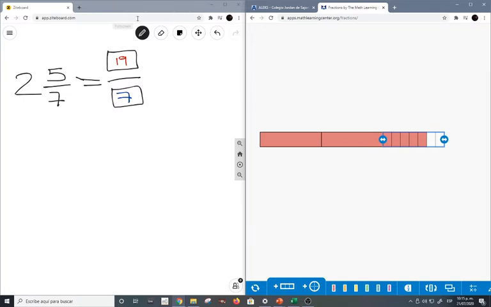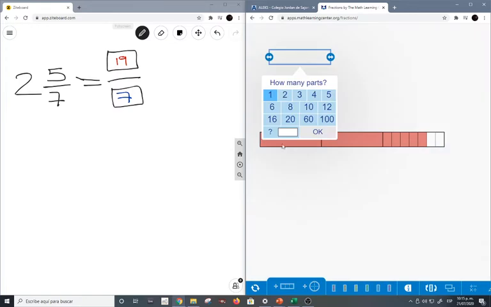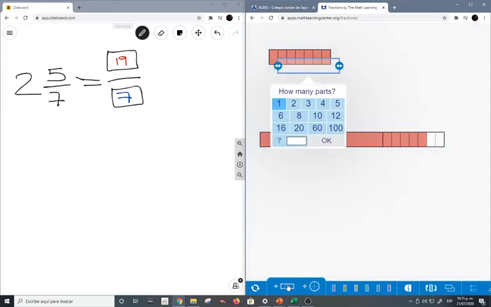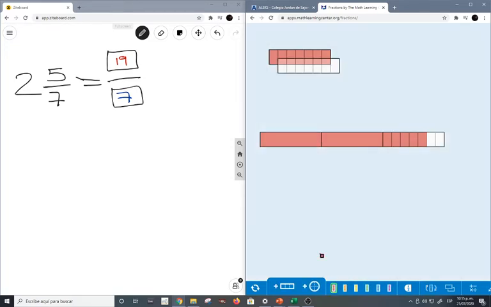Now let's make 19 sevenths. So I create a unit divided in 7 and I color 19. 1, 2, 3, 4, 5, 6, 7. But as you can see, it's not enough, so I have to make another one, also divided in 7. And I color the rest.